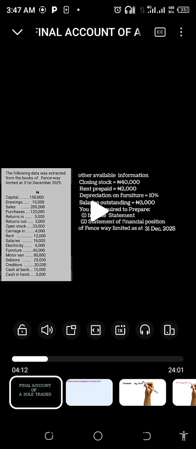The purpose of the trading account is to be able to compute the gross profit. What is the formula for computing the gross profit? The formula for computing the gross profit is net sales minus cost of sales. Net sales is sales minus return inward.